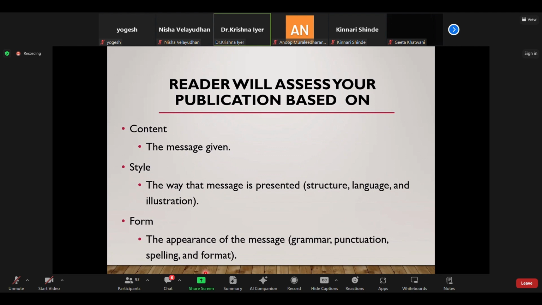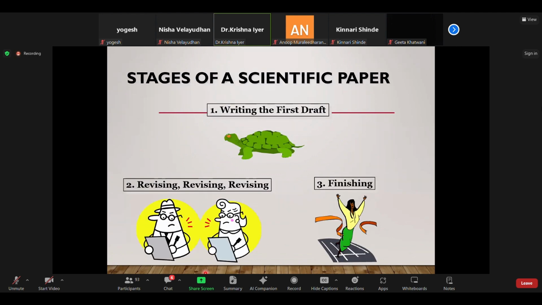Okay. So if you look at the lifetime of a scientific paper, you'll find that we can broadly divide it into three stages. One is what you call generating the first draft of the research paper. And usually speaking, this is the slowest step. Okay. And for two reasons.